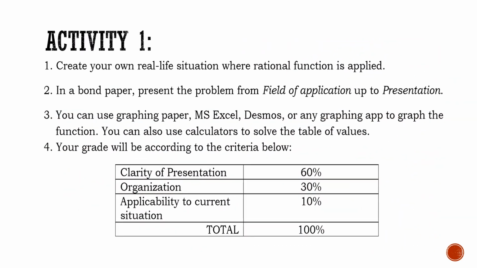So for your activity in this video lesson, you need to create your own real-life situations where rational function is applied. So you look for the real-life situations, based on your experiences, for example, where we can apply your rational function. For number 2, in a bond paper, present the problem from field of application up to presentation.